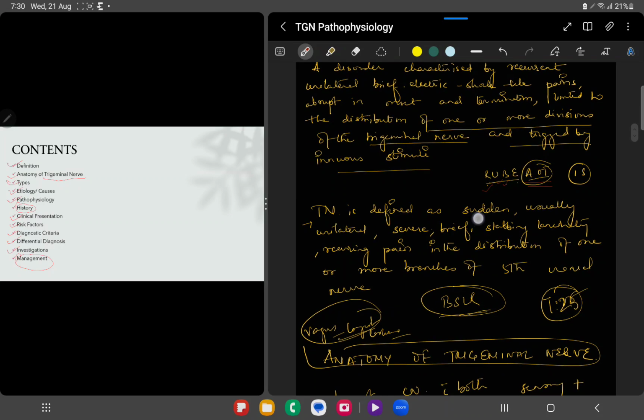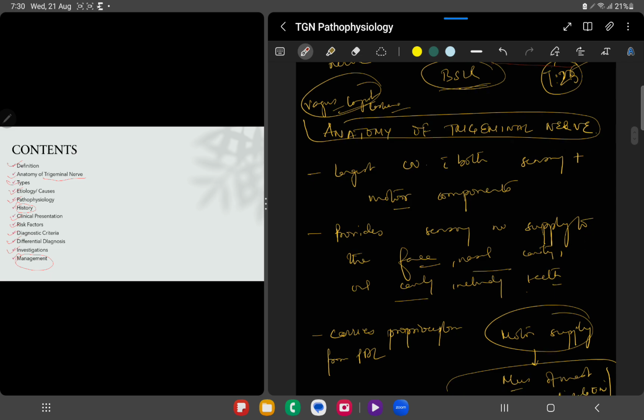This is actually a sudden, usually unilateral, severe, brief, stabbing, lancinating, recurring pain that is limited to the distribution of one or more branches, as I have described earlier.